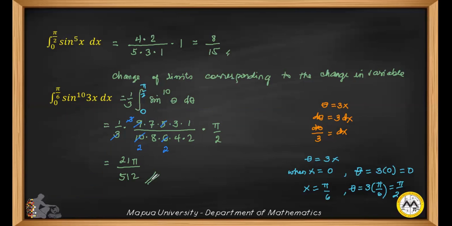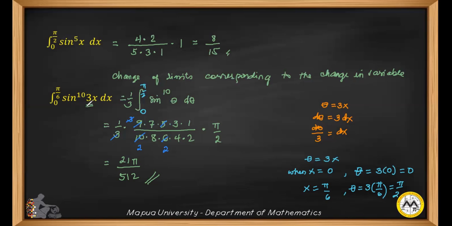Now, you can always consider changing variables when evaluating integrals of powers of sine or cosine. But if you use Wallis formula, you have to consider that the lower limit is 0 and the upper limit is pi over 2. In case the upper limit is not pi over 2, you can look at the argument.